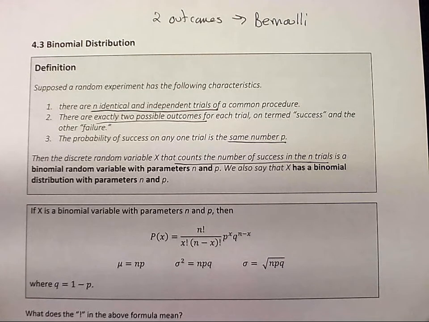Let's say that I flip this coin, and the first coin that I flip is fair, right? Then every single time I flip a coin after that, that coin also needs to be fair. It needs to have 50% heads and 50% tails. What I cannot do is flip a fair coin on one trial, and then on the second flip, flip a not fair coin, like a weighted coin where heads happen 60% of the time and tails happen 40%.